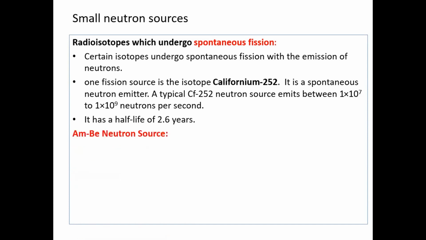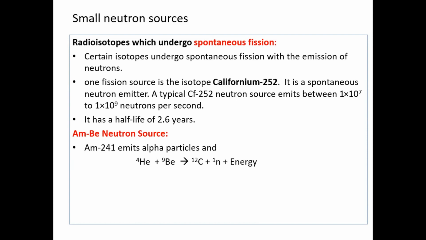Then there are americium-beryllium type neutron sources, which were originally used to produce neutrons in the discovery of the neutron. Americium-241 emits alpha particles. If the alpha hits the beryllium, this nuclear reaction takes place.